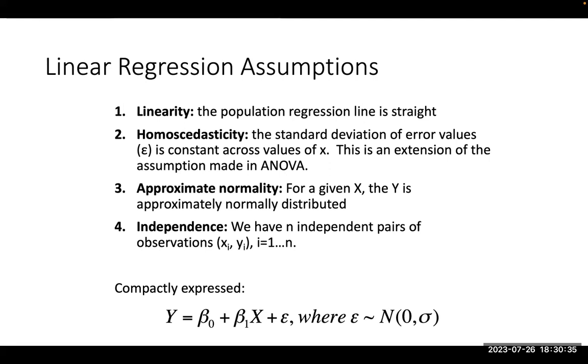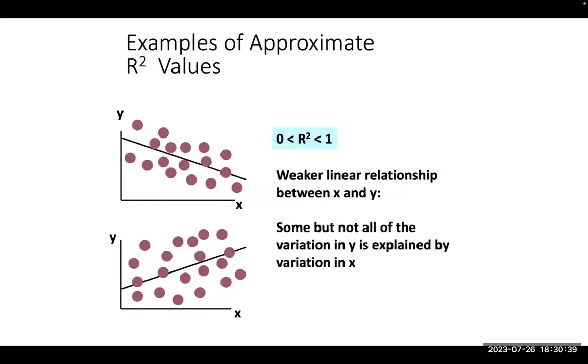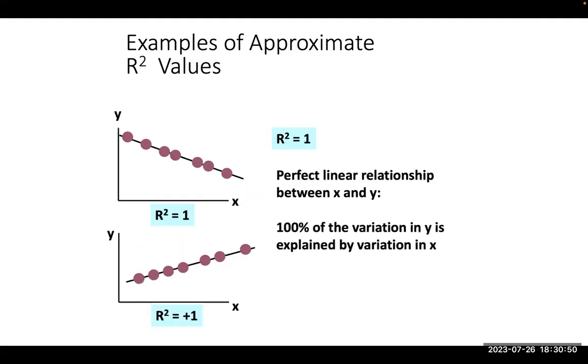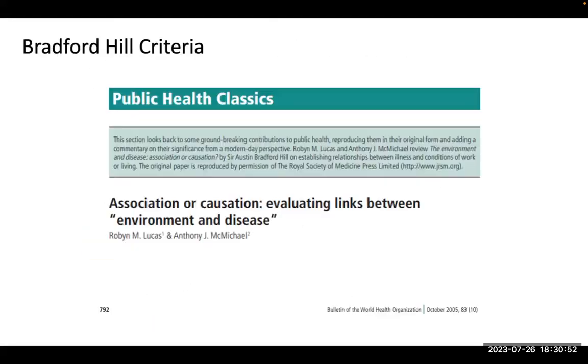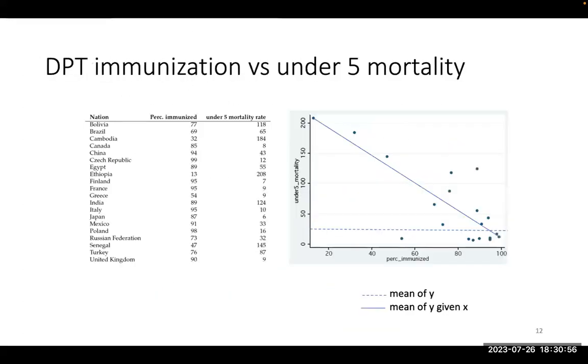Then you have independence, so that's important. When you construct scatter plots, each of these data points needs to be one individual. So this needs to be a pair of data for one individual. When you remember the immunization example, each of these data points is one country.